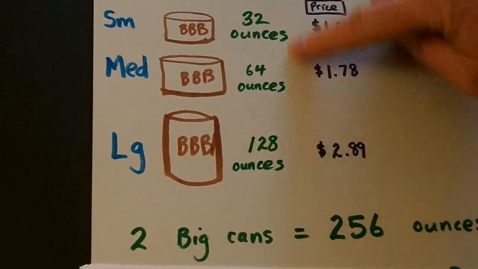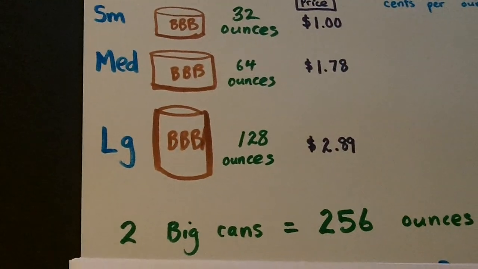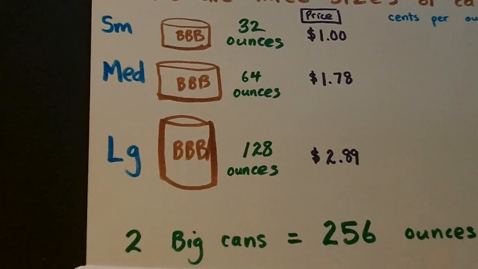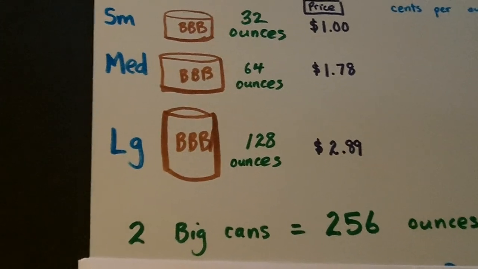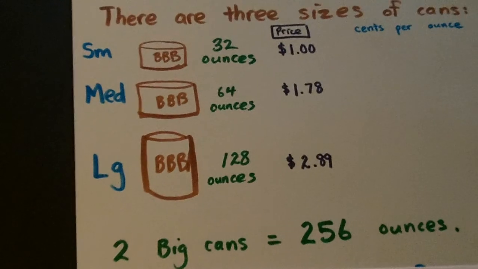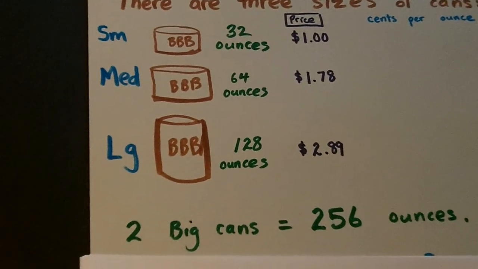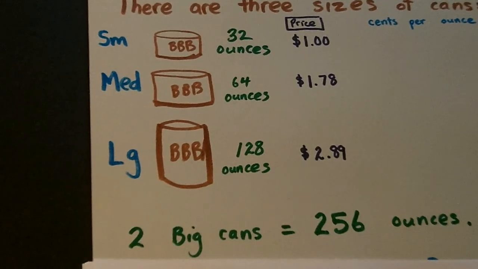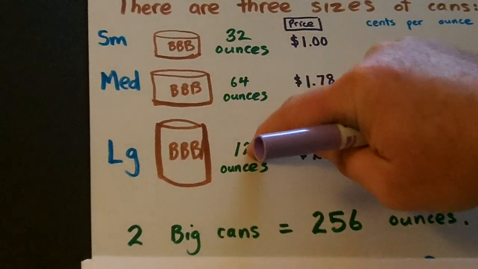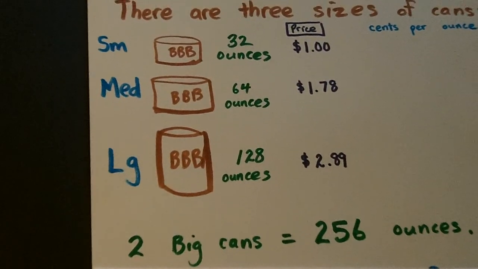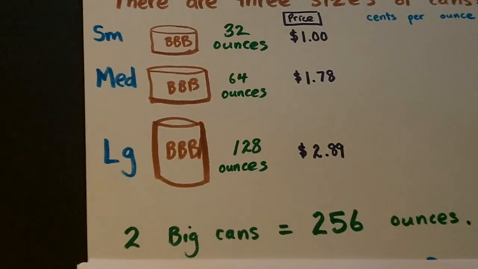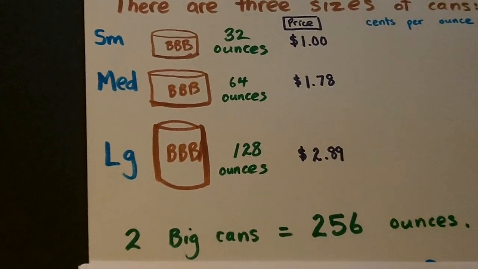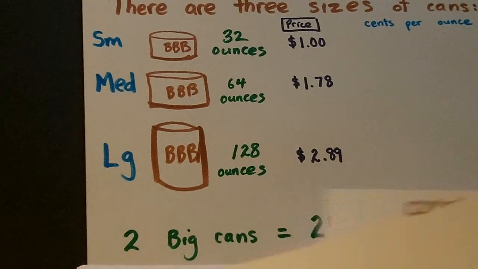And they're all going to be equal to 256 ounces. That's about how much I want for my little baked beans party. Okay? So, what we're going to do is we're going to see what is the average cost per ounce in each of these 3 to see which is the best buy, because I do not want to spend more money than I have to. So watch how this works.